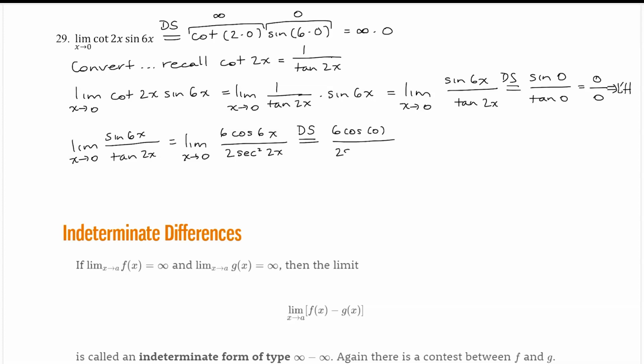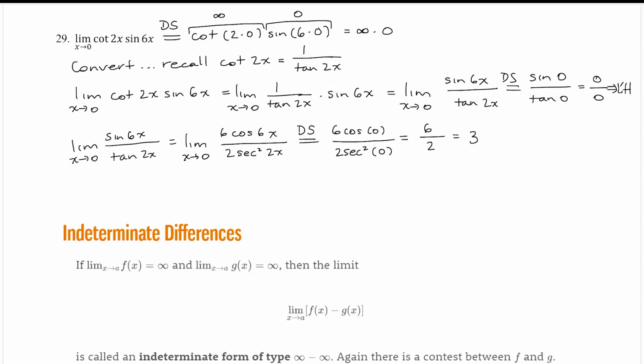Now I can try direct substitution. I have 6 times the cosine of 0, which is 1, so 6 times 1 in the numerator. The secant is 1 divided by cosine, so 2 times the secant squared of 0 is 2 times 1, or 2. In fact, the limit turns out to be 3, which is sort of interesting.